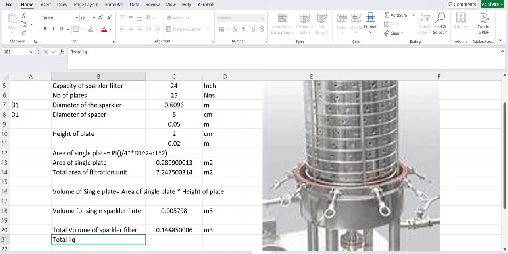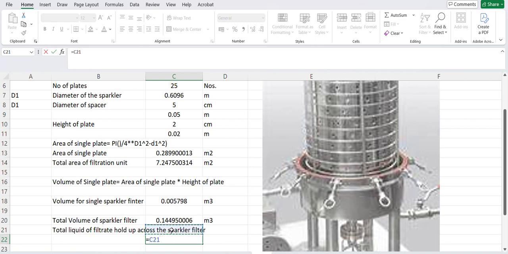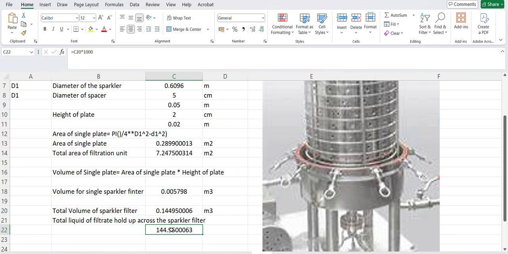The total liquid or filtrate hold up across the sparkler filter: we simply multiply that by 1000, so we'll get the volume in liters.